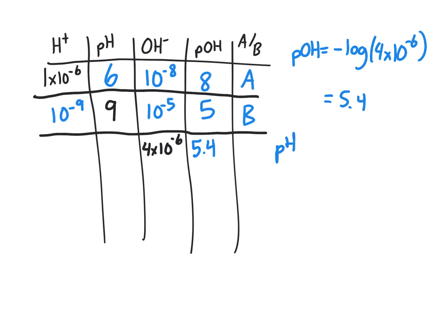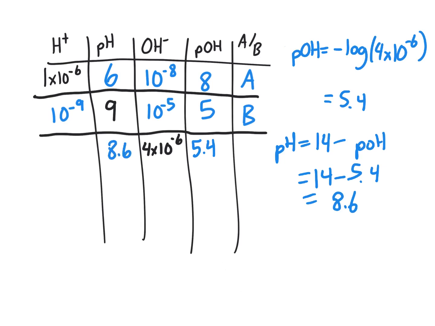To get my pH, I take pH equals 14 minus pOH. So I take 14 minus 5.4, and that should equal 8.6. Because pH is bigger than 7, it's going to be a base. And then last step to find the hydrogen concentration, H equals 10 to the negative 8.6.